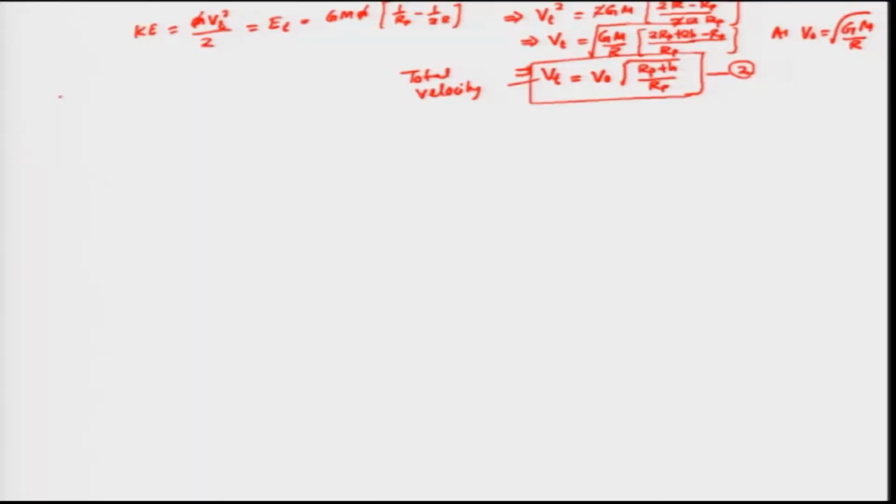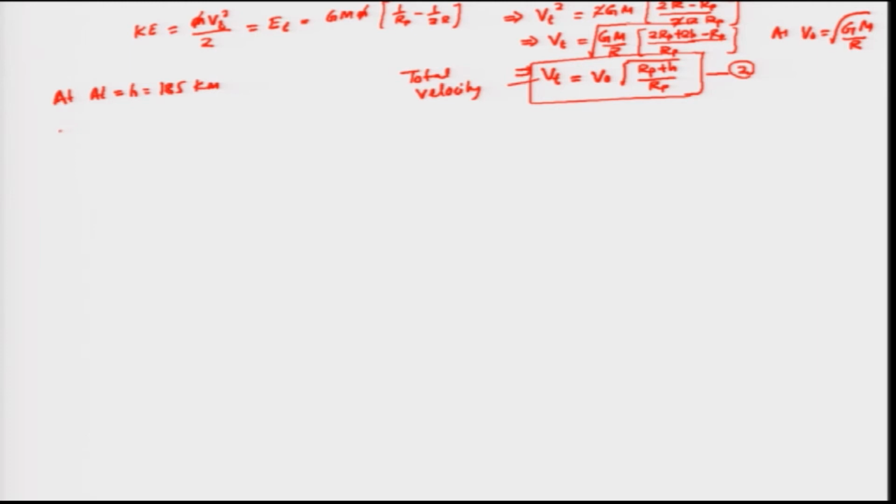So, let us now evaluate the orbital velocity and the terminal velocity at an altitude of 185 kilometer from the surface of earth.